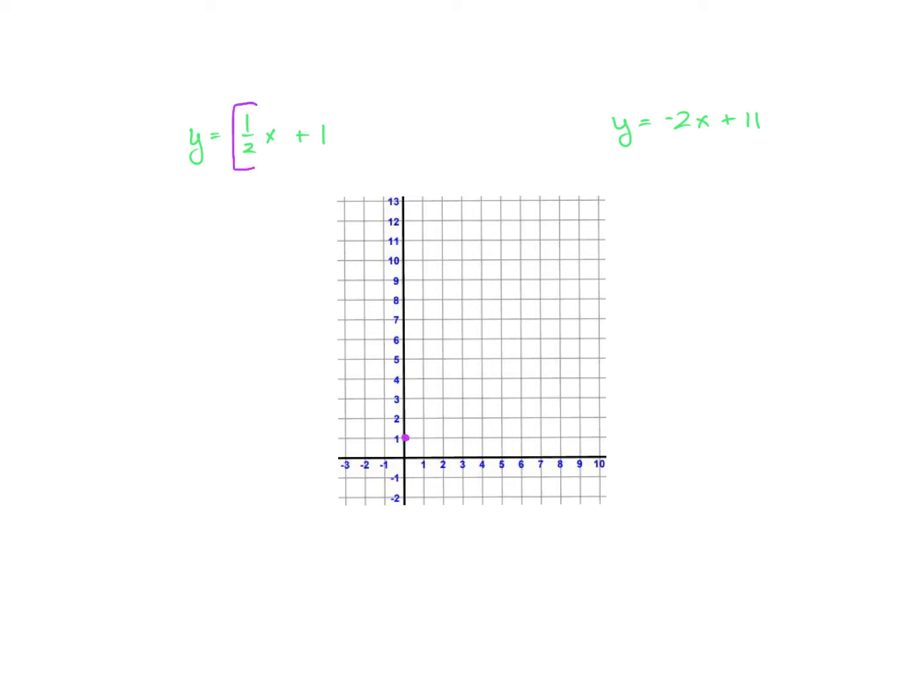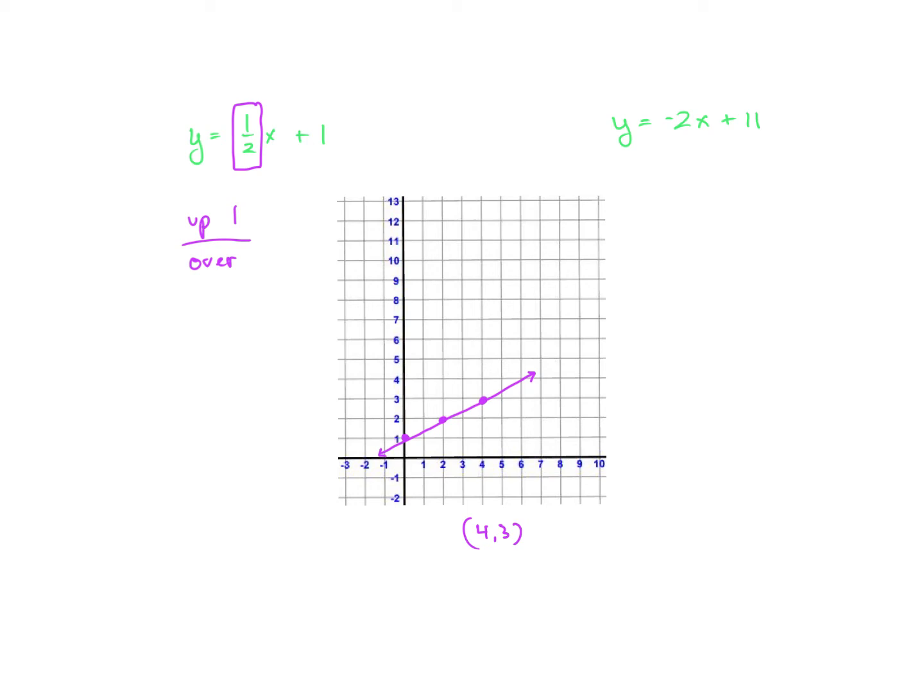And I have a growth of up 1 over 2 in our x, up 1 over 2, up 1 over 2. And we have this 4, 3 point here, and we've graphed this line. We can see it is going up a half unit for each plus 1.